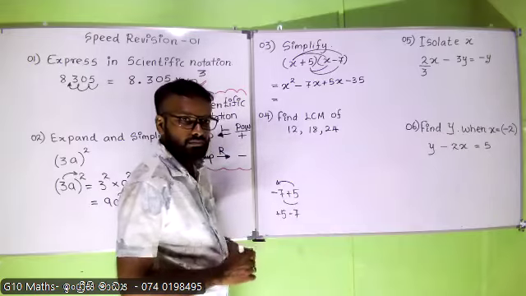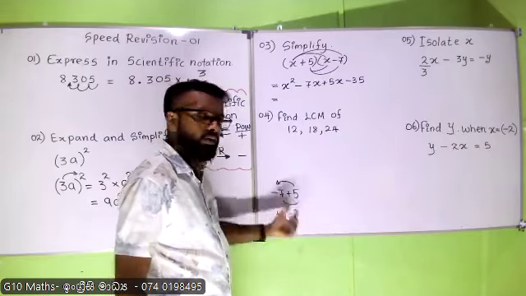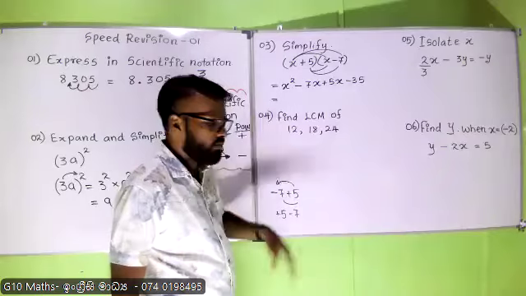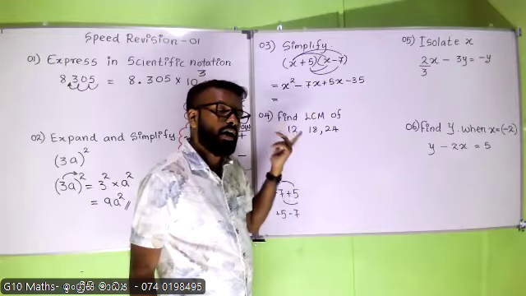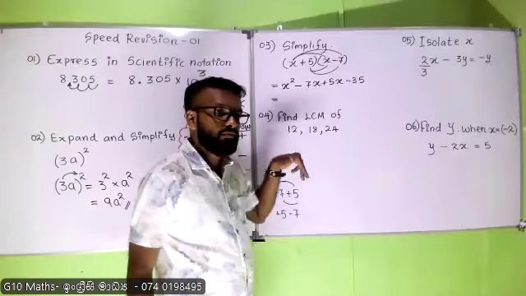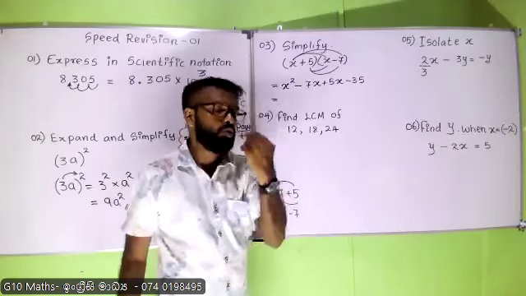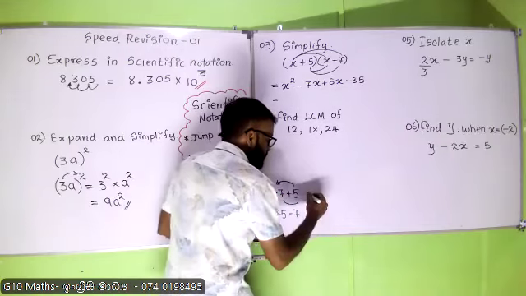How are we going to simplify this kind of term? Two different signs. Forget the signs. What is the biggest number? 7 is the biggest number. Because if I have different signs, I need to subtract: 7 minus 5, which is 2. So the answer is 2.